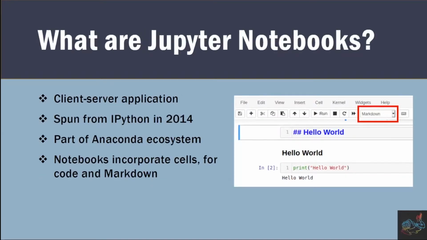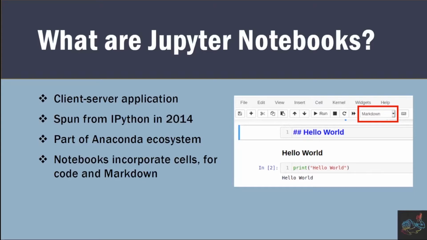Okay, so Jupyter Notebooks are notebooks which work in the browser as a client server application. It spun from IPython in 2014 as part of Project Jupyter. Jupyter Notebooks are part of the Anaconda ecosystem, which is open source. When you start up Anaconda, Jupyter Notebooks will be one of the first things you see.